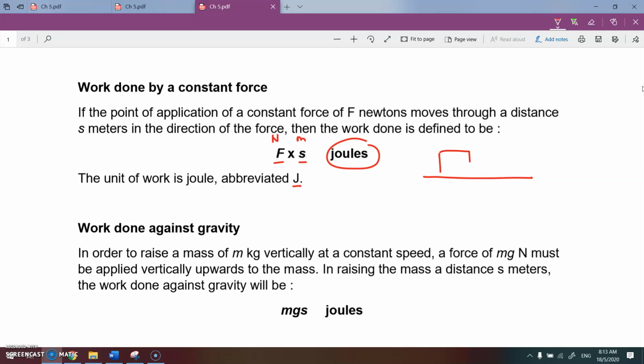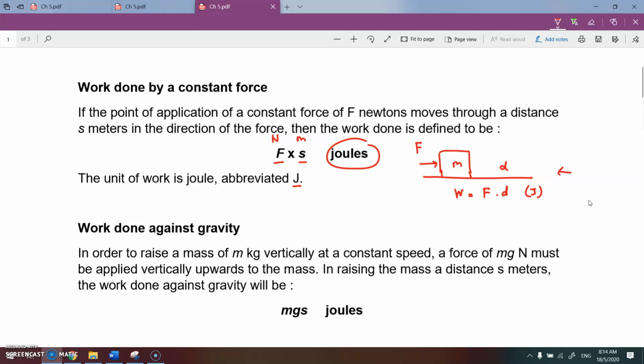So let's say we have an object with a mass of M, and the box is pushed with a force F through a distance S meters. The work done is the force times the distance, and the unit is joules.